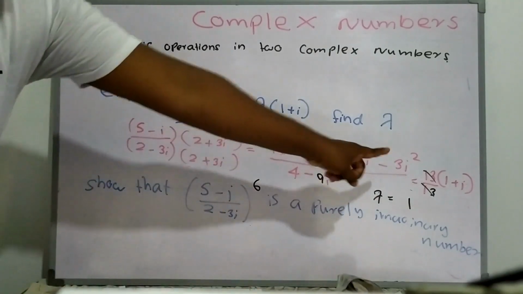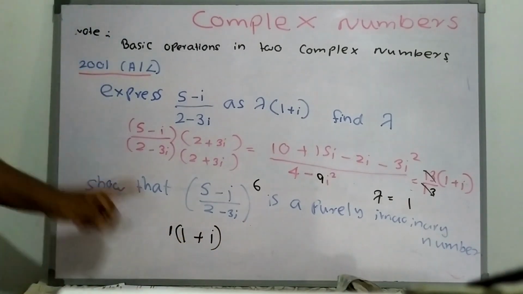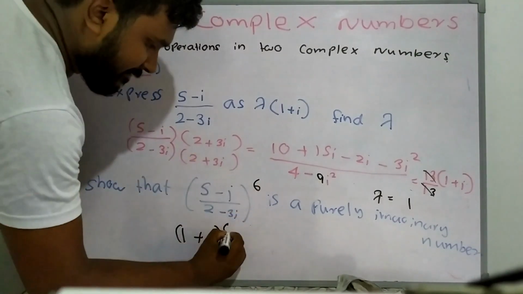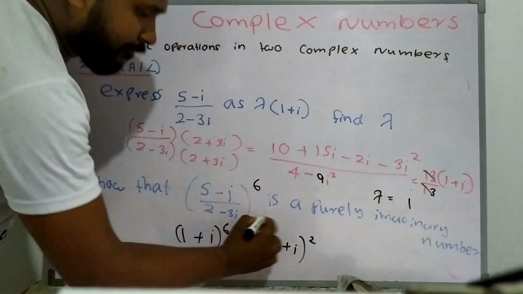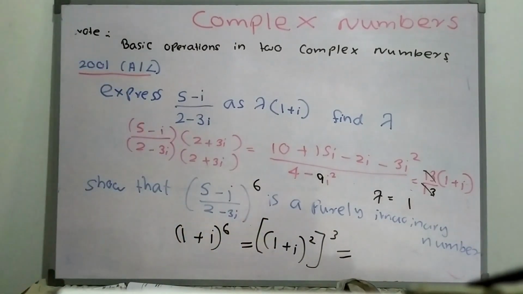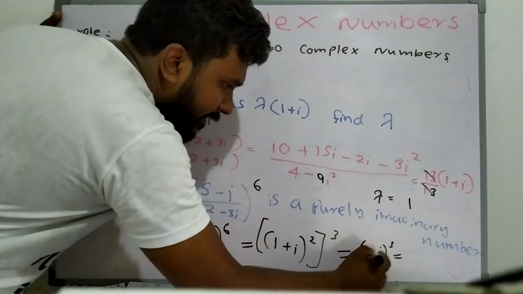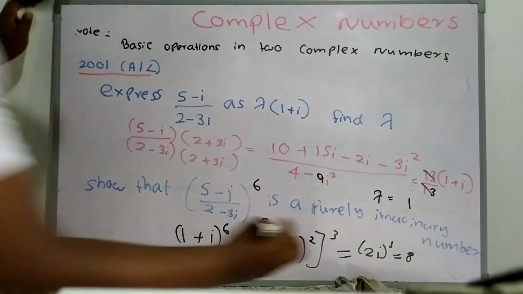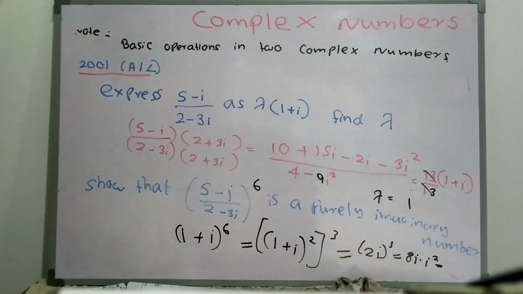It's like 1 into (1 plus i), to the power 6, right? So can you remember, 1 plus i to the power 2, again to the power 3. 1 plus i to the power 2 is 2i, 2i to the power 3 is 8i cube. i cube means i into i square. i square means minus 1, so minus 8i.